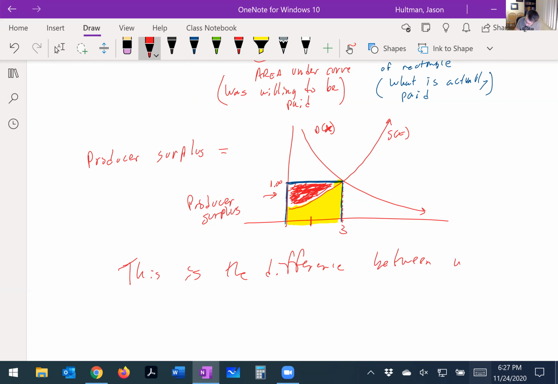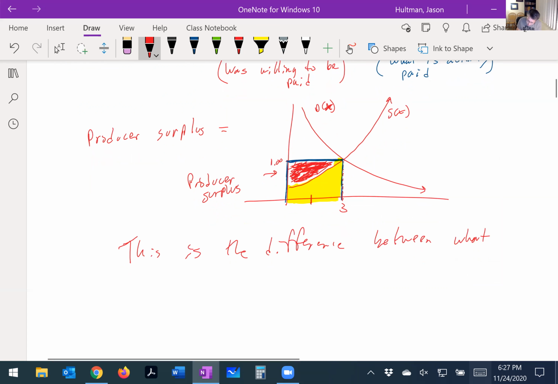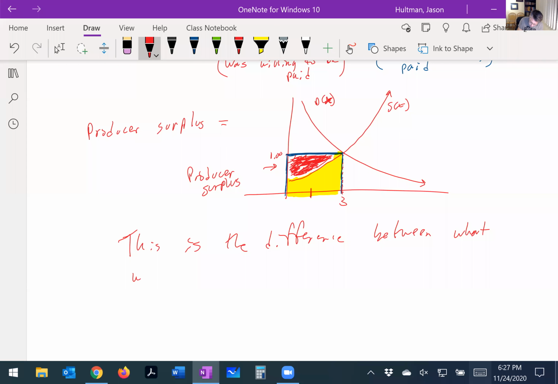Between what he actually paid and what the producer was willing to take.